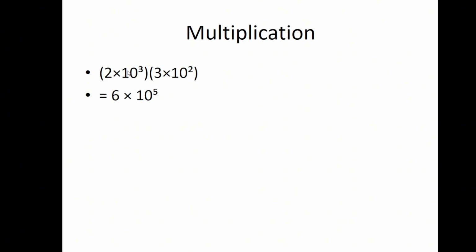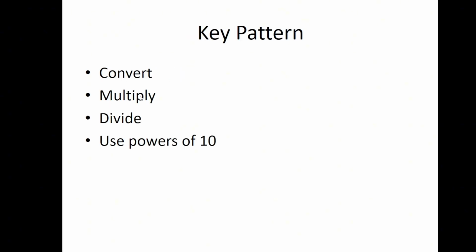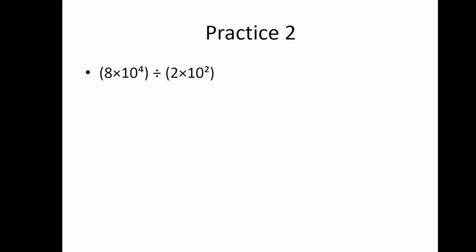And in our previous lessons, when multiplying same bases, we have the same 10 here, so we just copy the 10 and add the exponents. So 3 plus 2 is 5. So the answer is 6 times 10 raised to 5. So the key pattern here is to convert, to multiply, and also to divide.